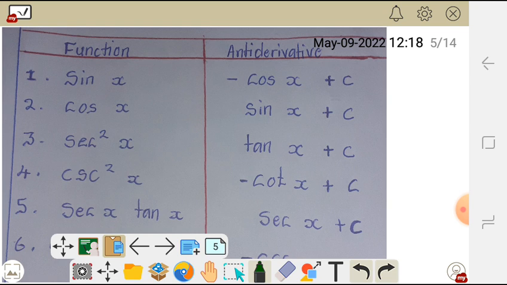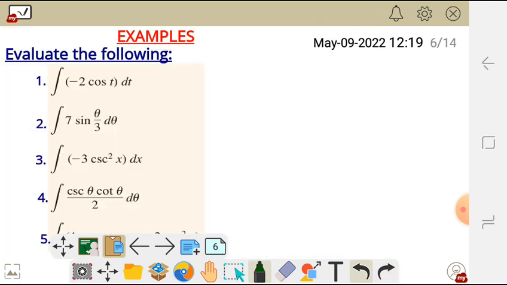So let's have an example, to see how we can utilize these principles in problems. The example says evaluate the following.